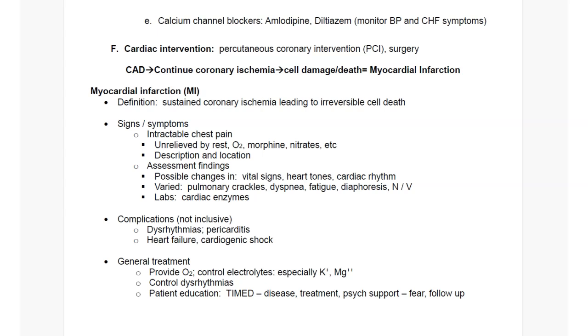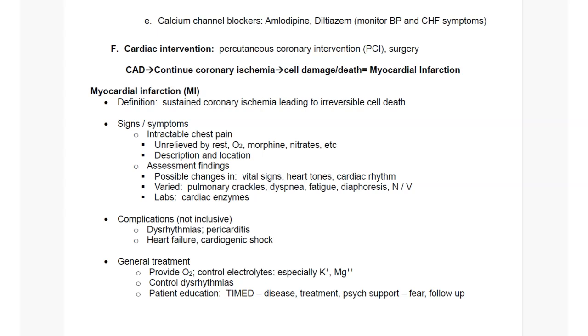So we give them oxygen, even though, as we said, it may not even relieve it, and make sure that we're controlling our electrolytes, especially our potassium and magnesium, because patients with myocardial infarction are at a higher risk for developing dysrhythmias. And if you have that risk factor already and then you have some electrolyte imbalance, your risk is going to be higher.